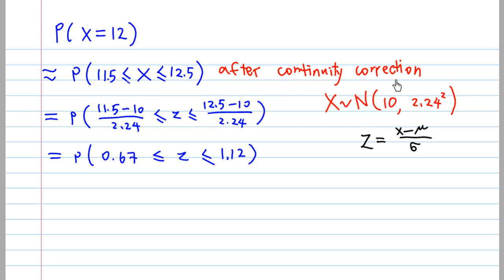Then convert to z, where z is x minus mu over sigma, where mu is 10 and sigma is 2.24. So this is the same as the probability of z between 11.5 minus 10 over 2.24 and 12.5 minus 10 over 2.24, which gives us z between 0.67 and 1.12.